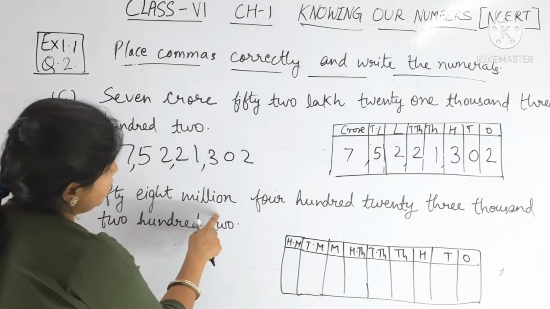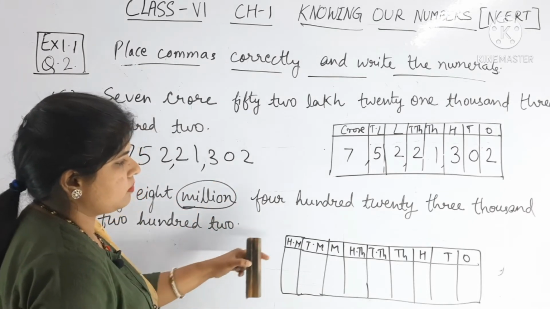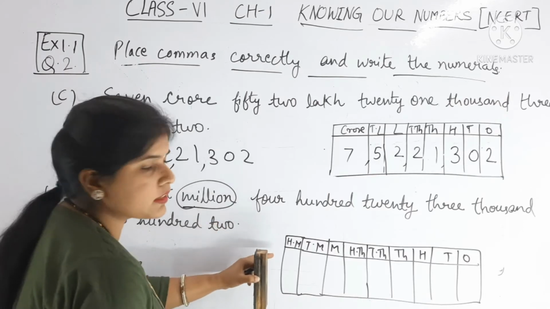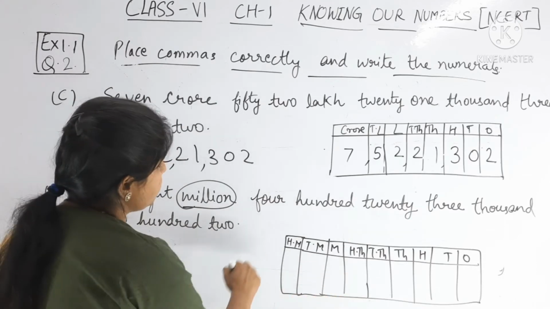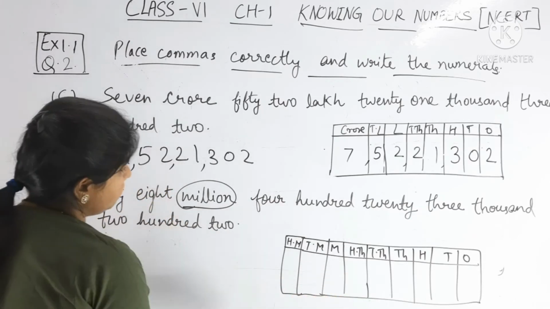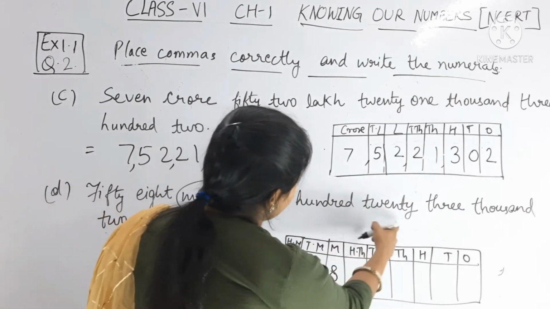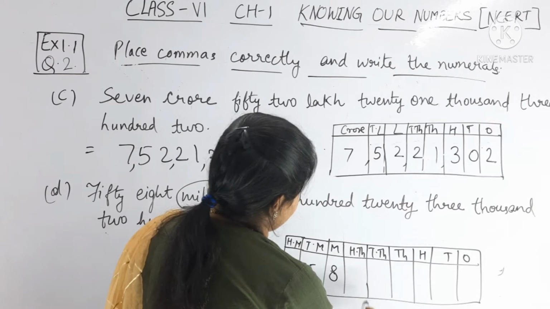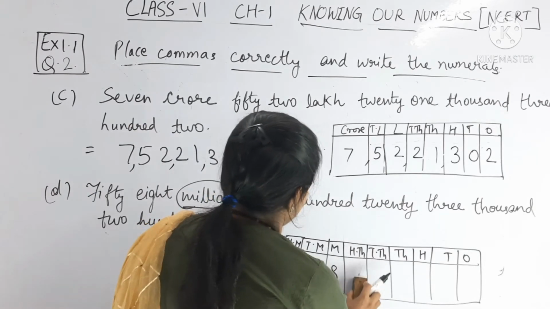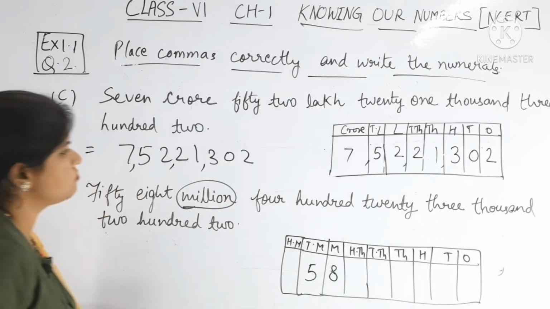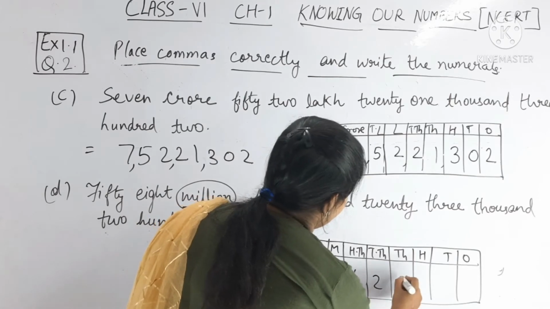It's 58 million. Here it is million, which means you have to make the place value chart of the international system. This is an international system place value chart. So here is 58 million. Then 423.